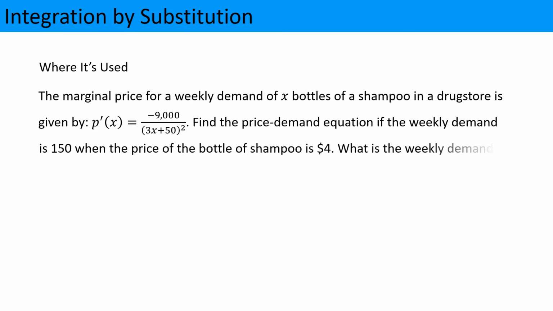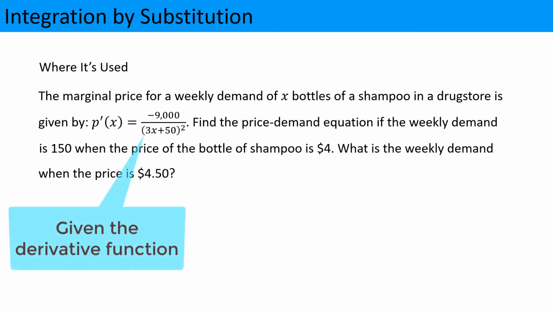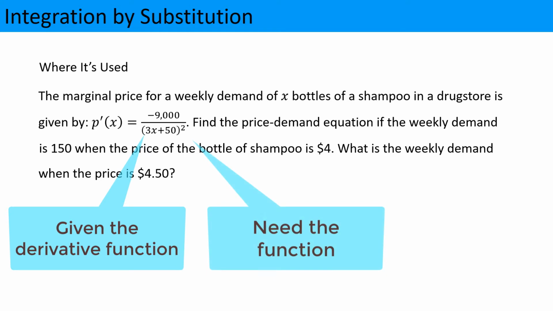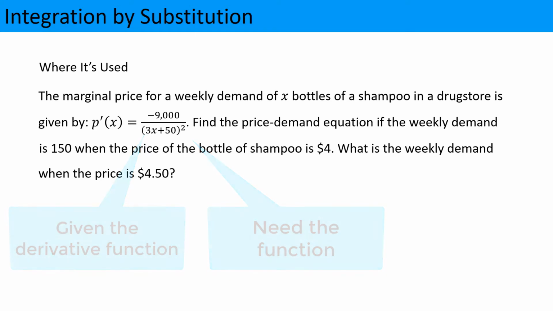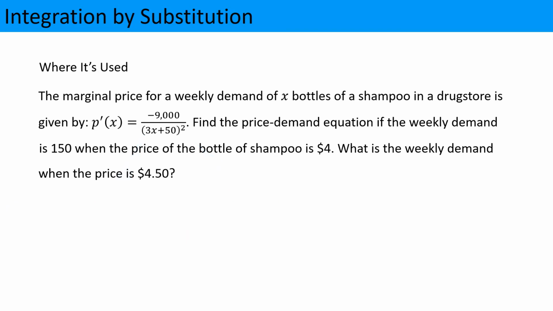Find the price demand equation if the weekly demand is 150 when the price of the bottle of a shampoo is $4. What is the weekly demand when the price is $4.50? Notice that in this problem we're given the derivative, but we actually need the function. So we're going to have to be able to perform integration or anti-differentiation.